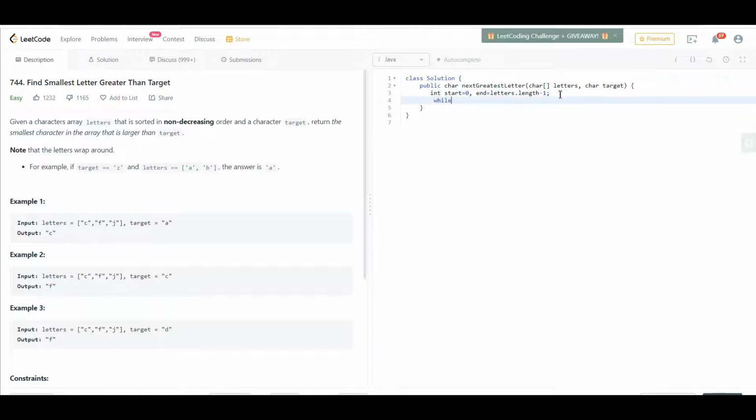Now we can write our while loop: while start is less than or equal to end, we iterate and check.